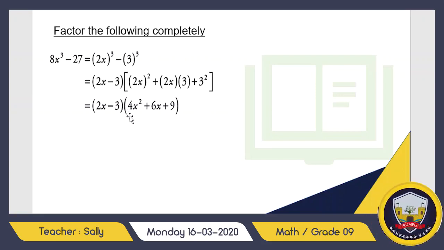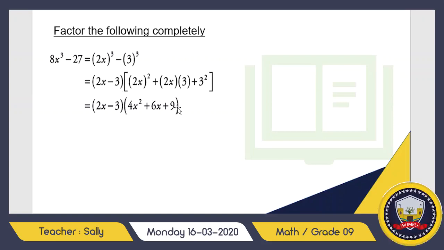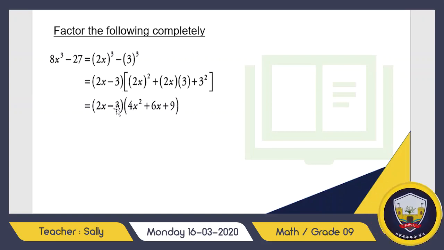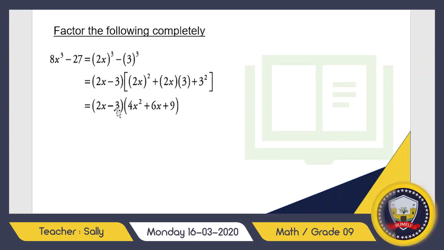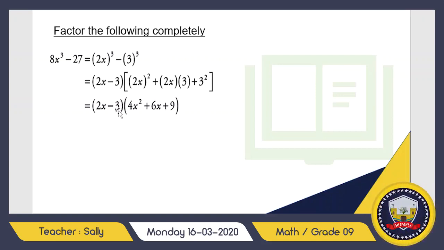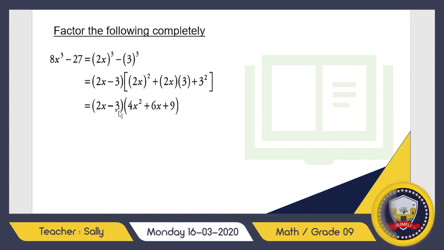As we said previously, the last term always has a positive sign, and it is the square of the second term of the first bracket. So the square of 3 is 3 to the power of 2, and it means 3 multiplied by itself 2 times. 3 times 3 equals 9, so the answer is 9.